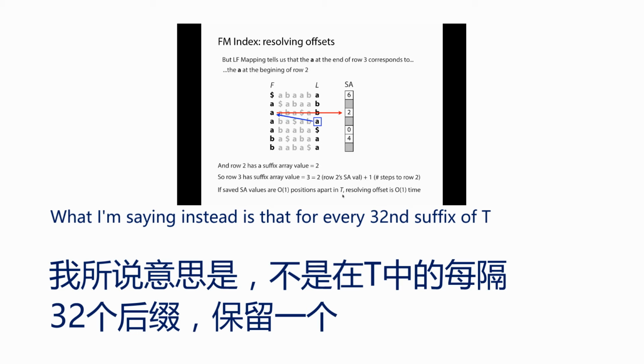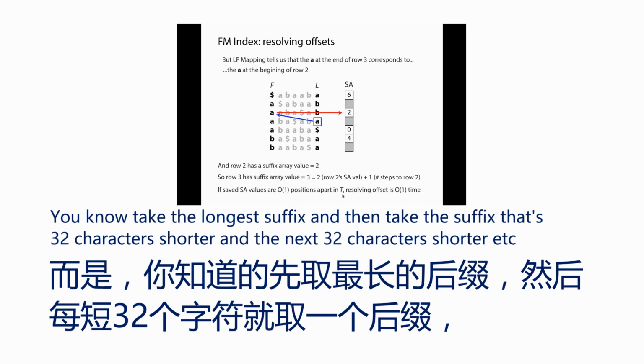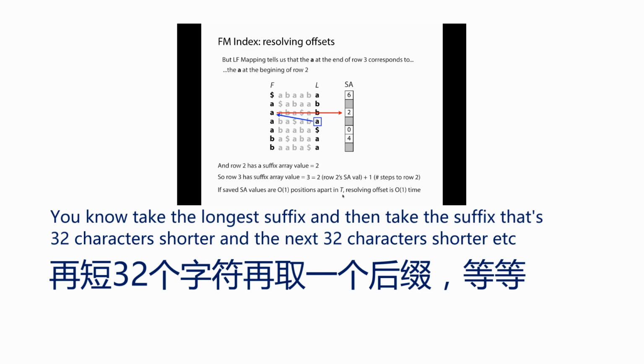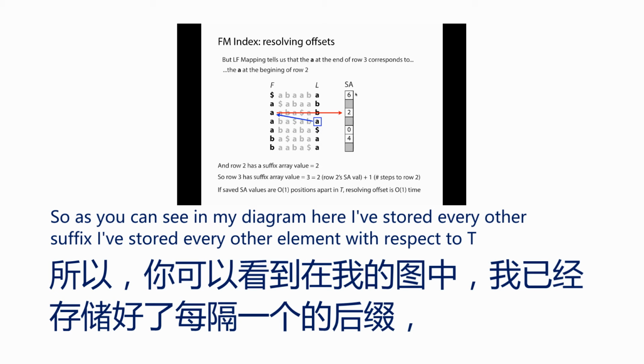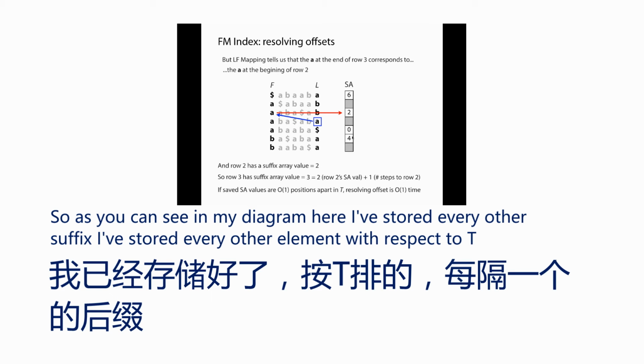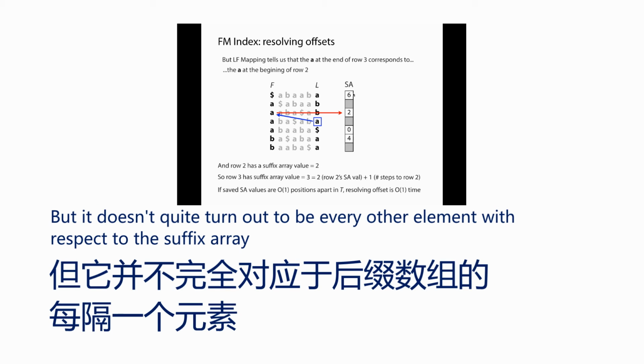What I'm saying instead is that for every 32nd suffix of T, take the longest suffix and then take the suffix that's 32 characters shorter and the next suffix that's 32 characters shorter, etc. We would store each of those in the suffix array, but not the others. So as you can see in my diagram here, I've stored every other element with respect to T, but it doesn't quite turn out to be every other element with respect to the suffix array.